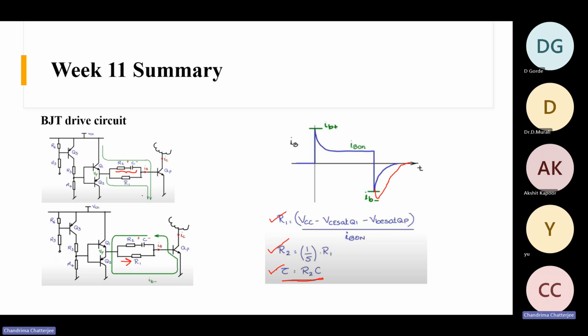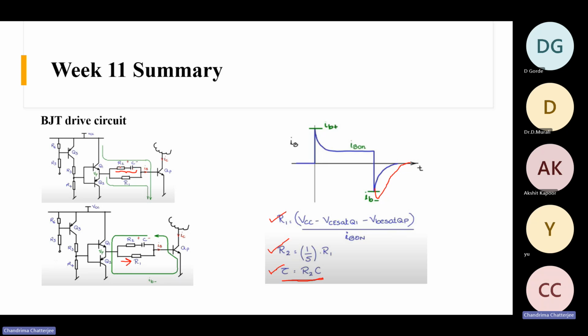The purpose of adding this extra circuit is to get faster transition, right? So that your turn on duration and turn off duration are less, and your loss is reduced. But if you make this R2 very high, then the purpose is lost, because now the capacitor will take a long time to get charged and a long time to get discharged. So that's why R2 will be kept small, right?